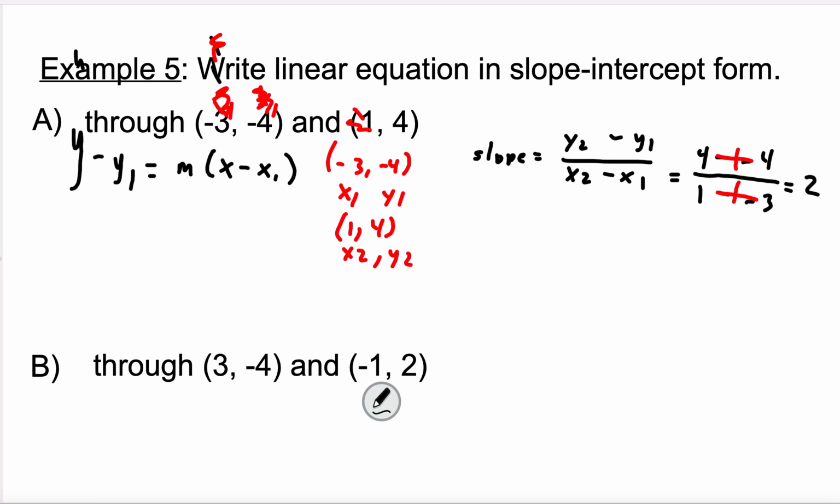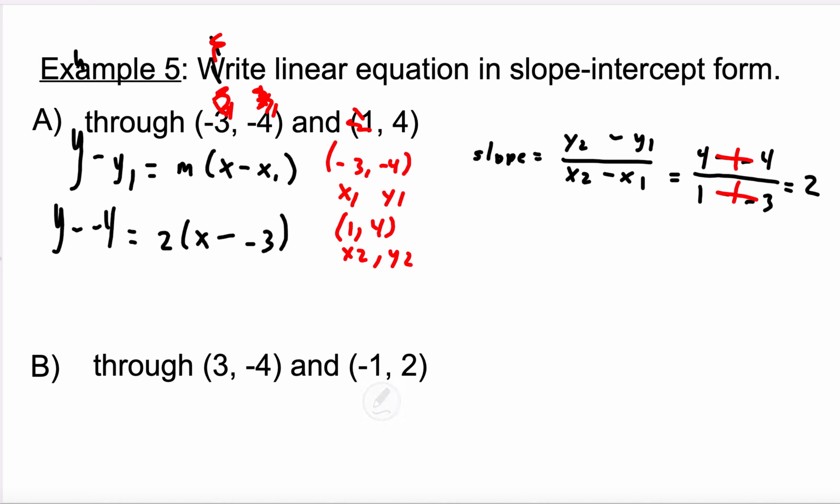So it says y minus y1. My y1 there is a negative 4. So y minus y1 equals 2 times x minus x1, which is a negative 3.